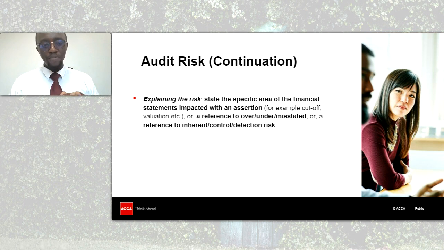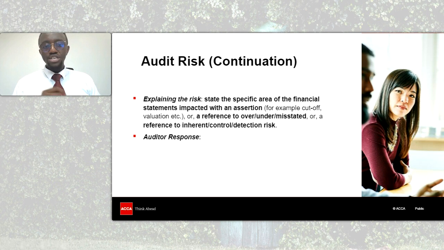And then the third way, which is not usually the most favorite, is by explaining the risk using the components. So either inherent, control, or detection. I normally say that if you understand why it is a risk, then it is easy for you to respond to it.